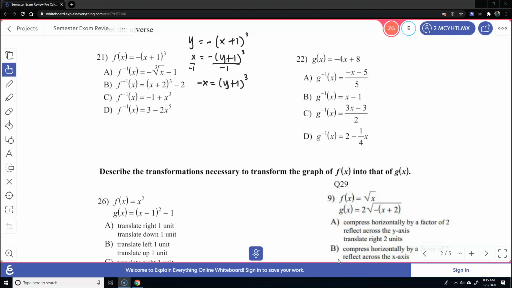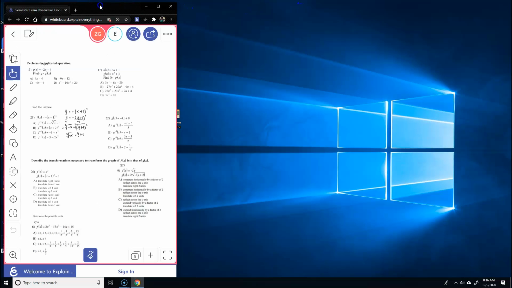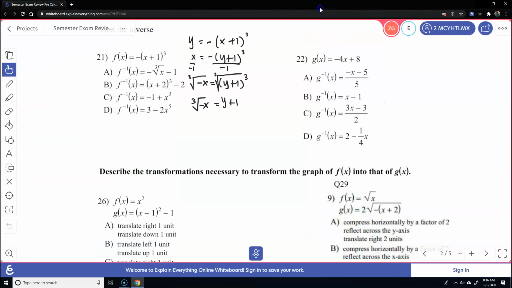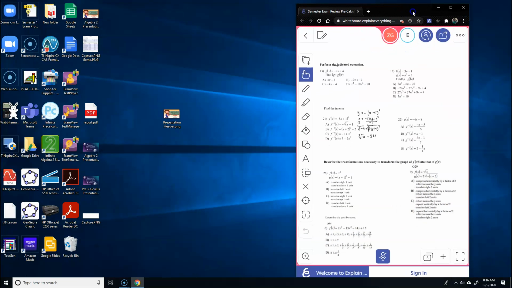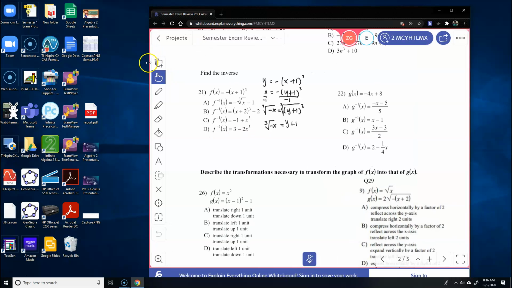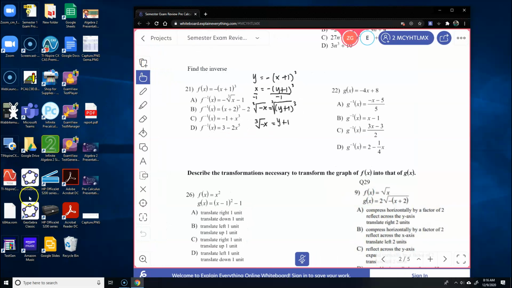You're going to go ahead and get the cube root of both sides. So you have y plus 1 is equal to the cube root of negative x. What you can do here is, you know that the cube root of negative 1, if I get the calculator, just so I can show you, I'm going to minimize that for right now, just so you can see why I justify this.